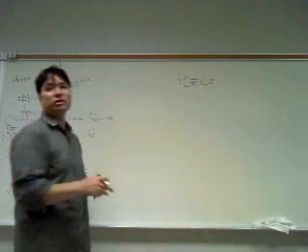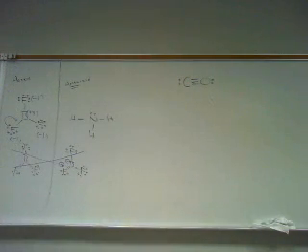This is the Lewis structure for carbon monoxide, but carbon monoxide is weird because, well, it's not weird because it has an octet. It's weird because of, not the triple bond, yeah, the lone pair on carbon, and also the formal charge on carbon and oxygen.